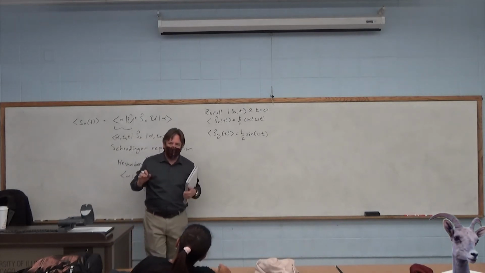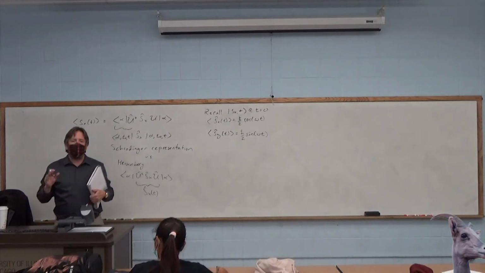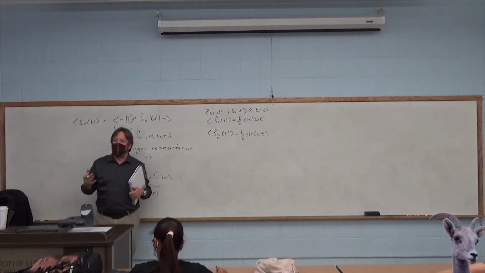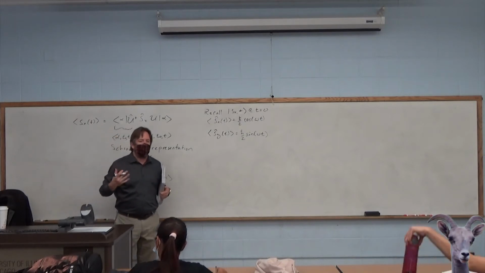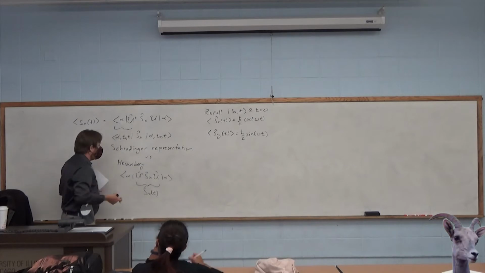Now, the reason I think it's done is because it can be obnoxiously difficult to figure out what, like, the hydrogen atom states are, S and P and all that, and then to try to make them evolve in time.